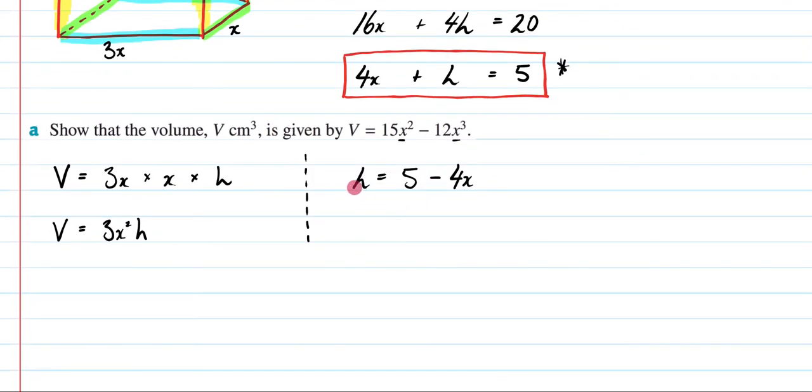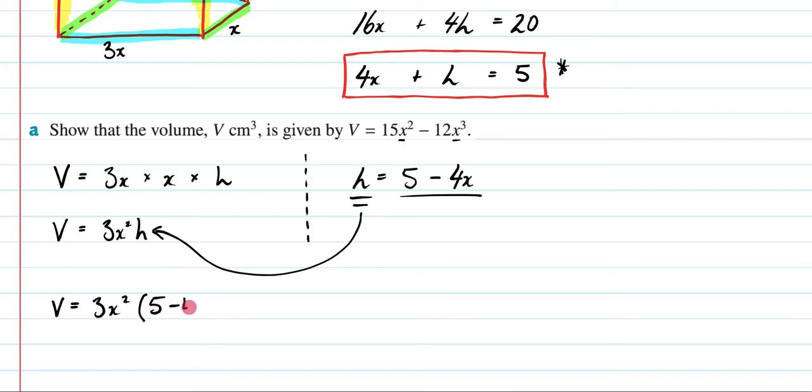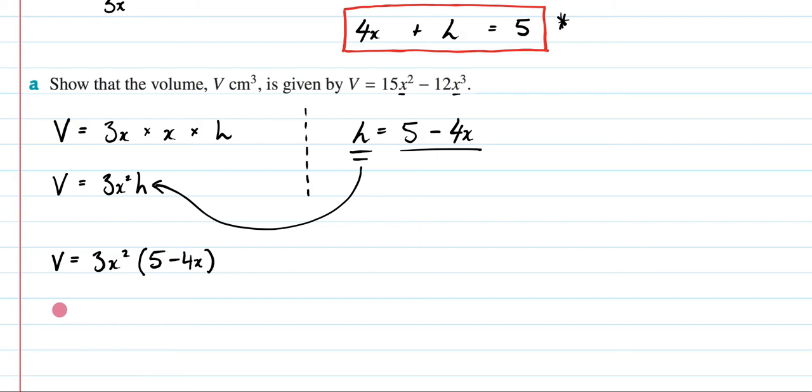Now I'm going to put this h value into here. So let's do that. I'm going to get volume is equal to 3x squared, and now I can put this here, 5 minus 4x. Let me now expand this out. So my volume is going to be equal to 15x squared minus 12x cubed.